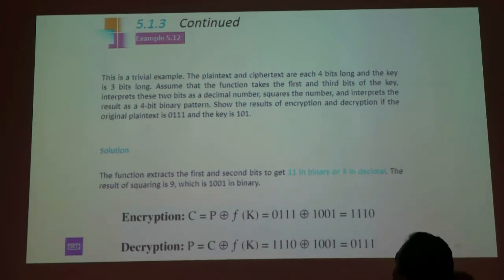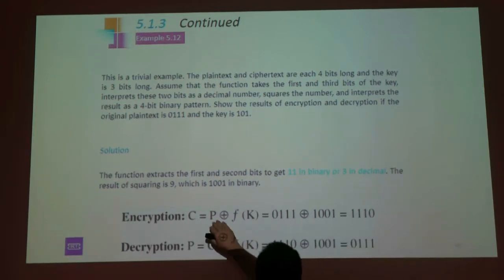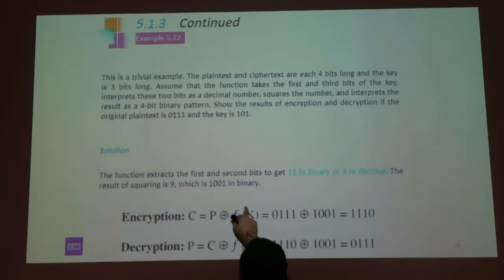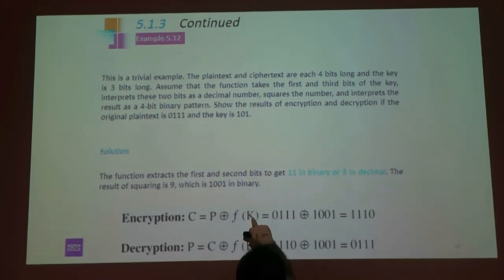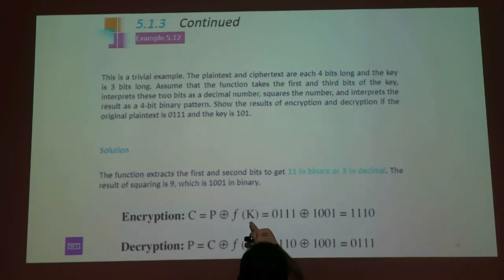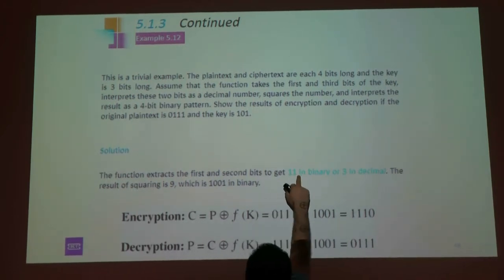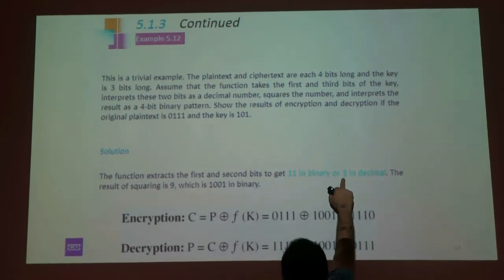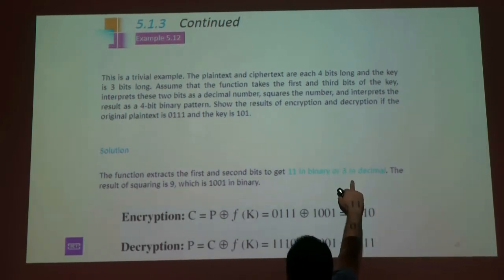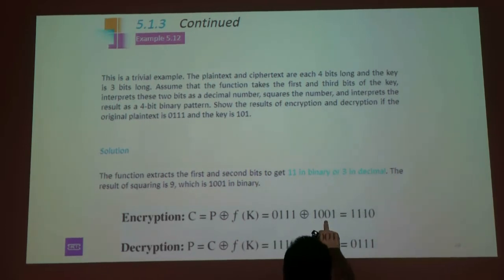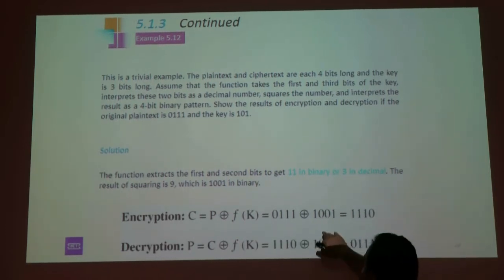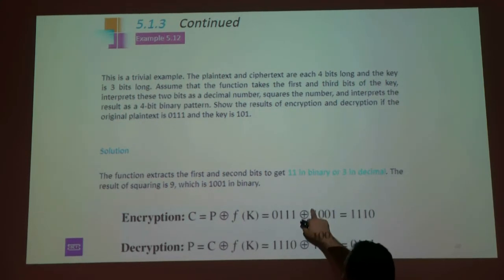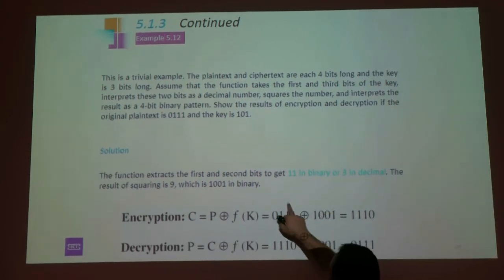You have the plain text, whatever it is, for example 0, 1, 1. And the function is squaring the key. You presume the key is 1, 1, which we converted to decimal 3. So 3 squared is 9, presented as 1, 0, 0, 1.